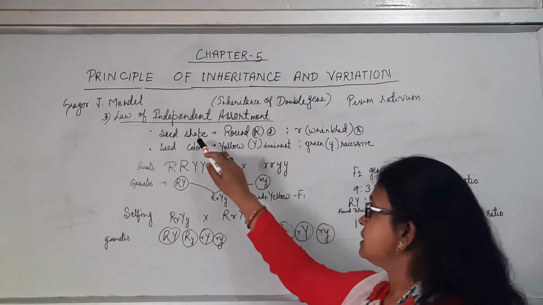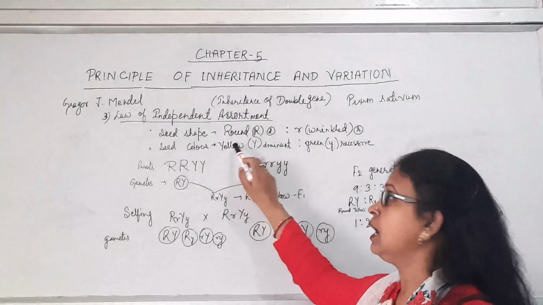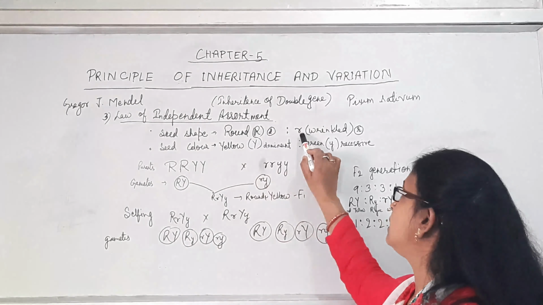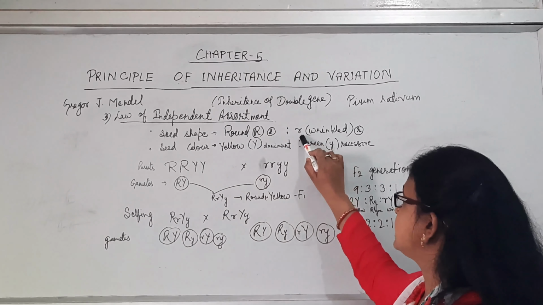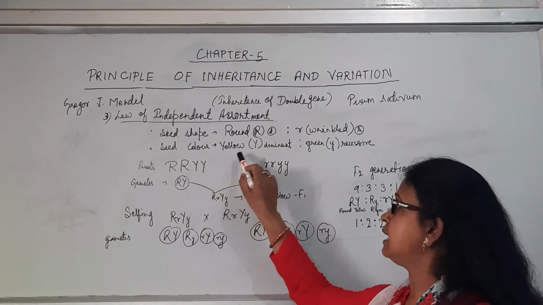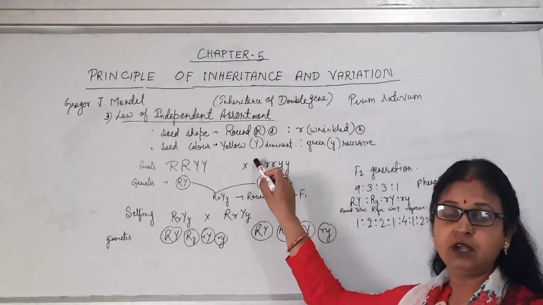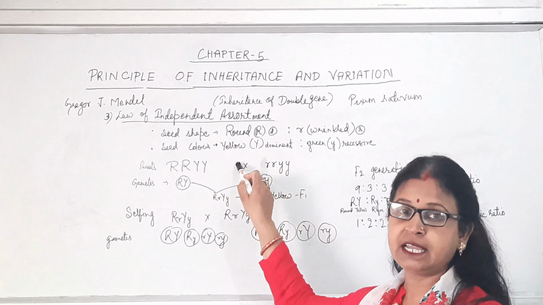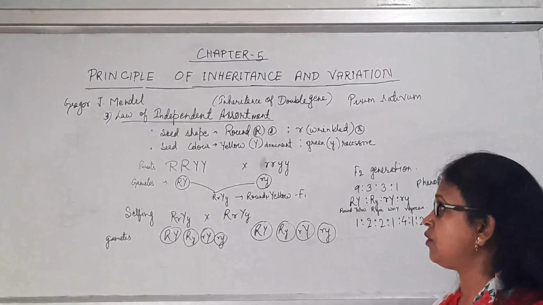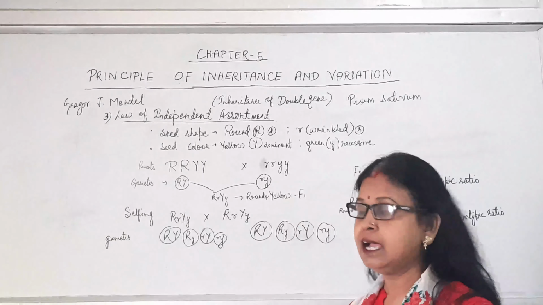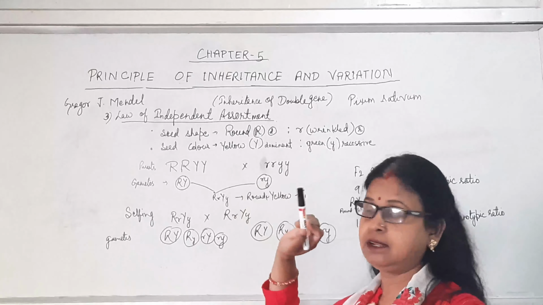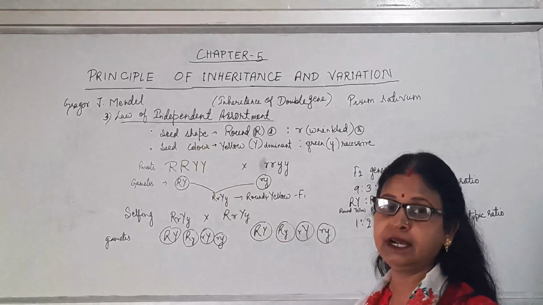Now the shape of the seed is round and wrinkled, where round is the dominant character and wrinkled is the recessive character, which is written as small r, and this is capital R. Now the symbol for seed color, that is yellow and green. Yellow is dominant, that's why capital Y is taken, and a small y is taken for the recessive, that is green color. Then two pairs of characters are taken in a single parent, and now these two parents are used for testing this law of independent assortment.